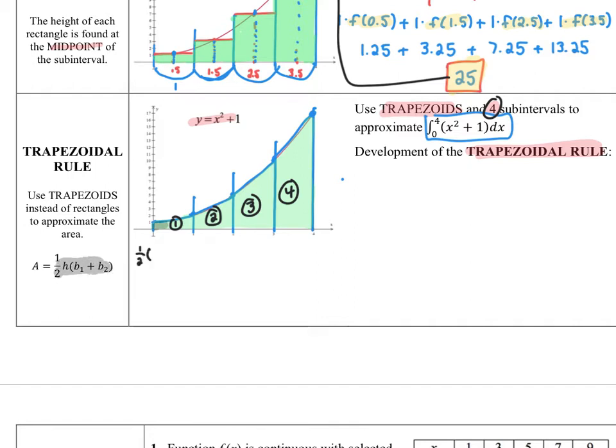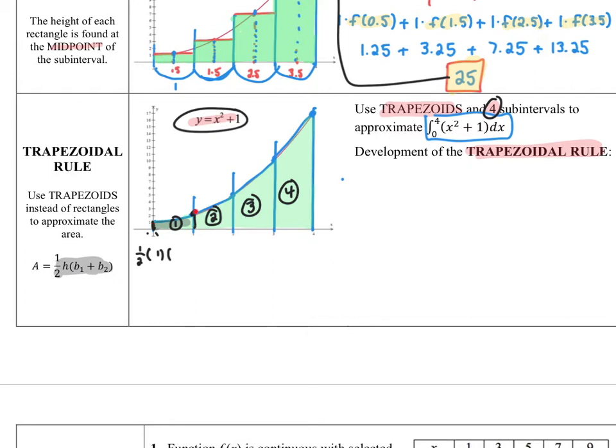For trapezoid number 1, my height is going from a 0 to a 1, so it's got a height of 1. Its bases, I need to look at the parallel sides. Don't trust the graph. What we want to do is use our function to find those lengths. When I plug a 0 into my function, I get a value of 1, so this base here on the left is a 1.